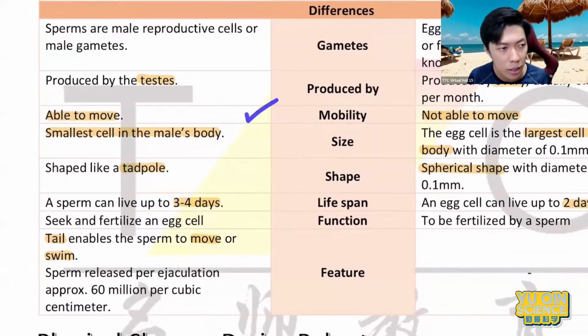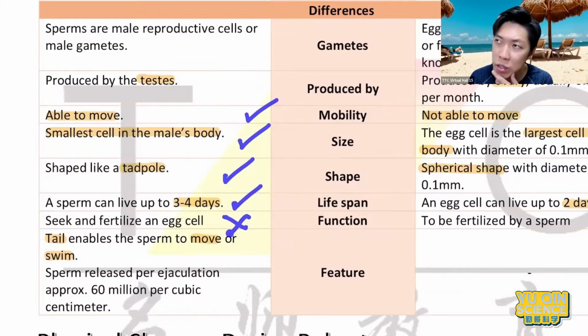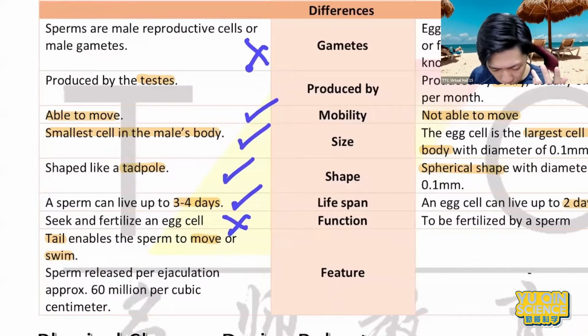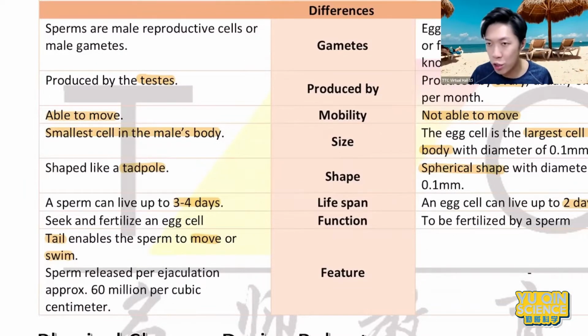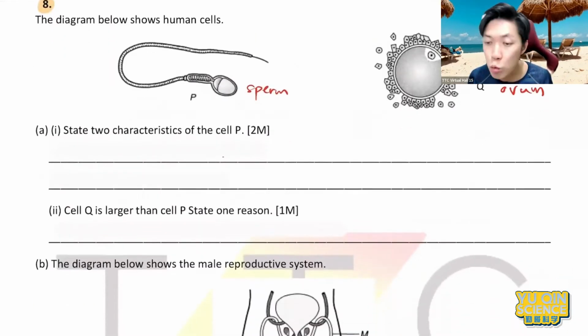Mobility can, size okay, shape okay, lifespan okay, function not okay, because function is function, not a characteristic. So let's use something simple, for example, able to move, 1 mark. Smaller cell in the body, 1 mark. You choose 2 because the question is 2 marks.